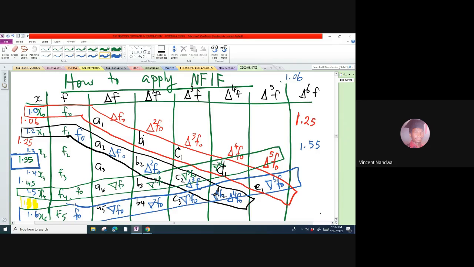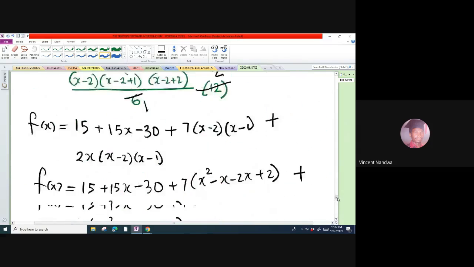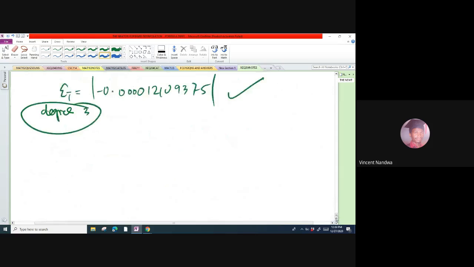To approximate a value which is in the middle of the difference table, we use other formulas, which we are not going to discuss here, but find some time to read about them and do some examples in the textbook that we have referred you to as our reference book. There's what we call Bessel's formula. We have Everett's formula.